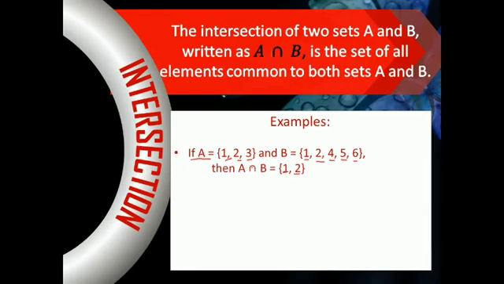So if you observe here, we just copied 1 and 2. It is because these two numbers, 1 and 2, are the only elements that are present in both sets.